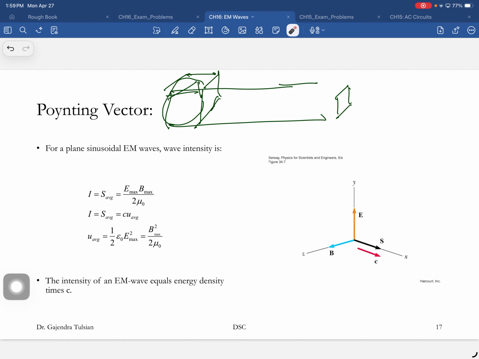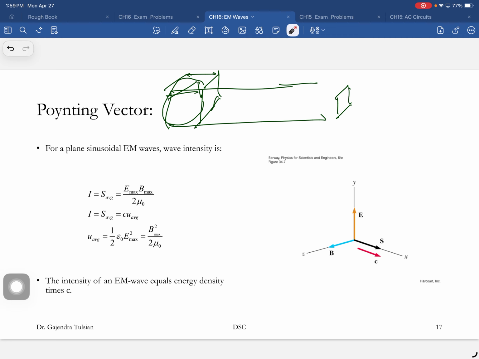So here's 1/area. Force is the rate of change of momentum, the rate at which momentum is transferred, and momentum is energy divided by c. So 1/area, du by dt times 1/c, and this is the Poynting vector.